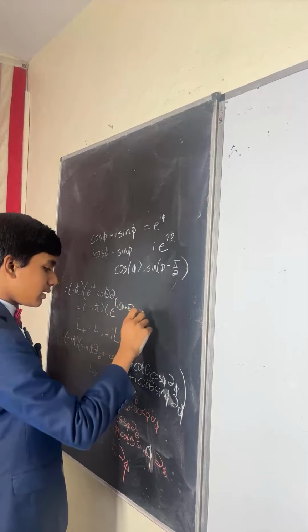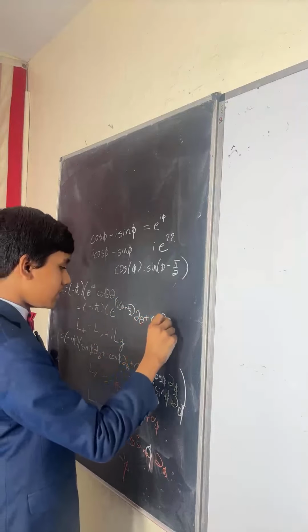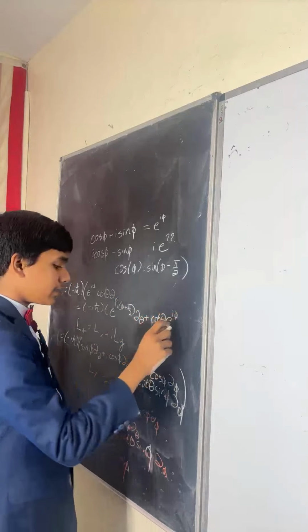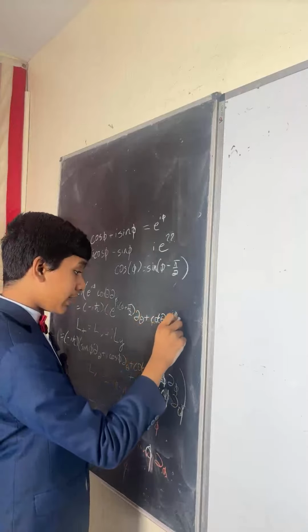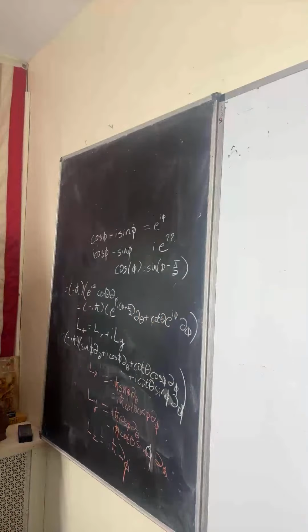partial theta plus cotan theta e to the i phi multiplied by partial phi. Make sure everything's correct. Yep.